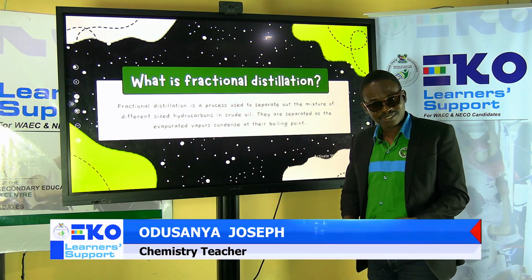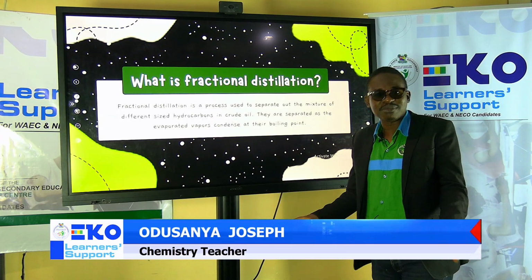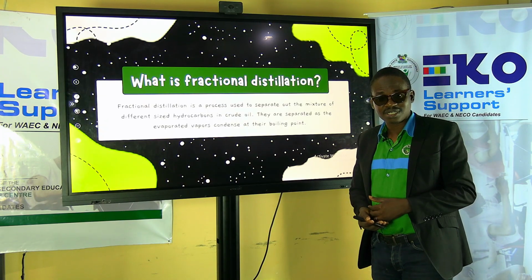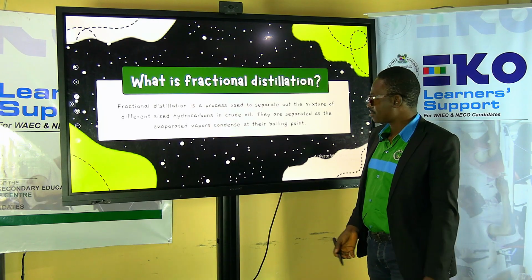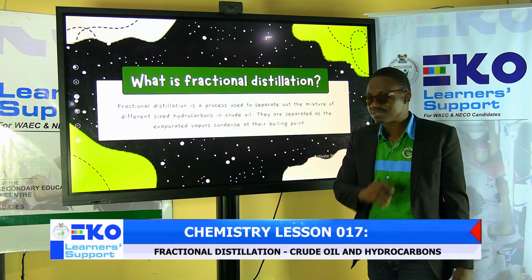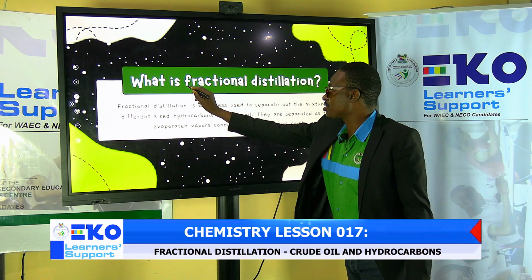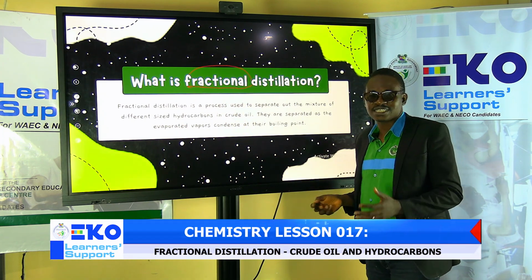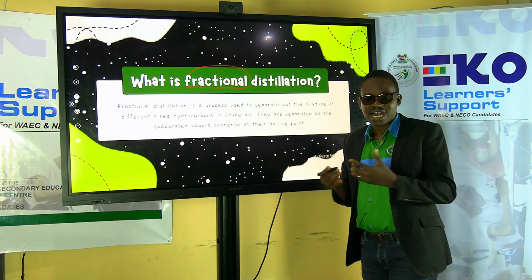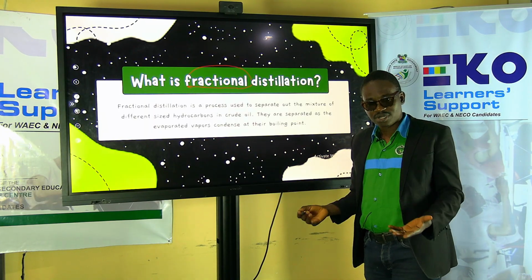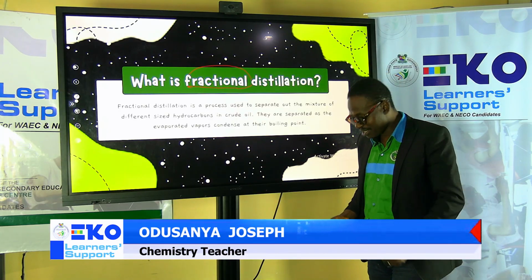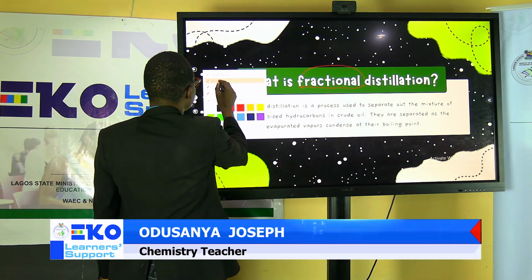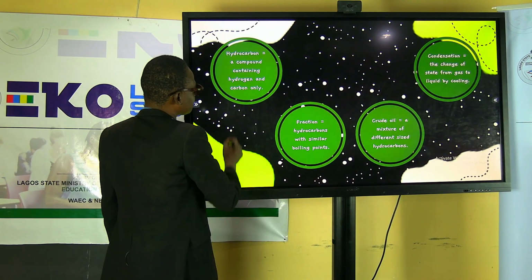Therefore, separating them makes it fine for us and makes their uses still retained, because they will still retain their properties when being separated. Okay, good. Now, also, don't forget the fraction there is telling us that those components have what we call a close boiling point. With that, I think we can go ahead and move to the next slide. So let me undo my pen and go to the next slide.